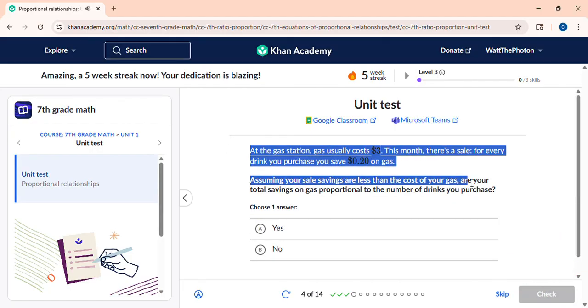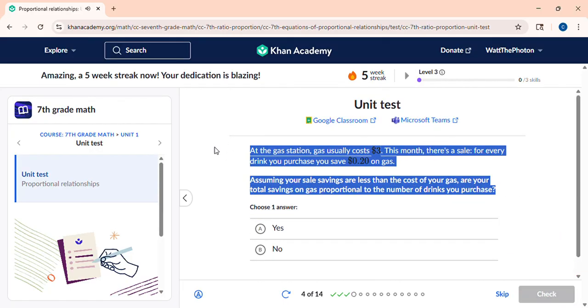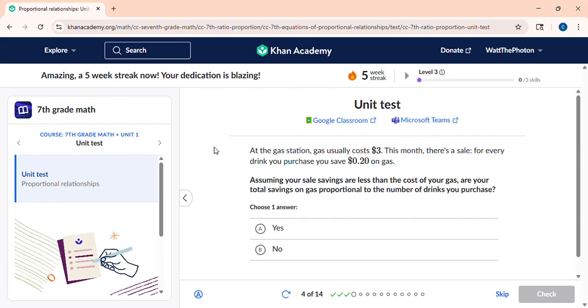Correct. At the gas station, gas usually costs $3. This month, there's a sale. For every drink you purchase, you save 20 cents on gas.